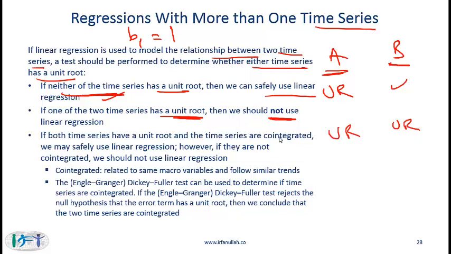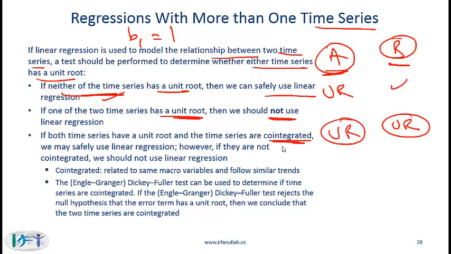If you think about stock market returns, for example, or any variable, if both these time series have a unit root, then can we use linear regression or not? The answer is that it depends. It depends on whether these two time series are co-integrated.